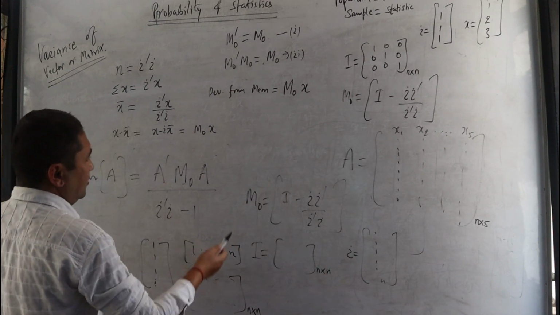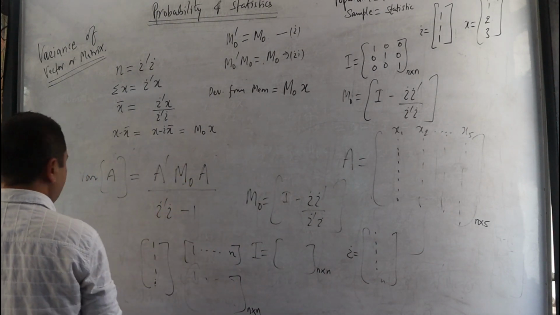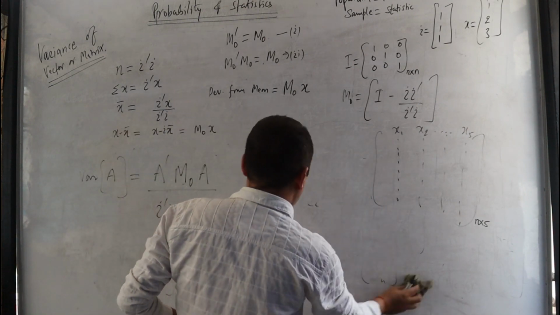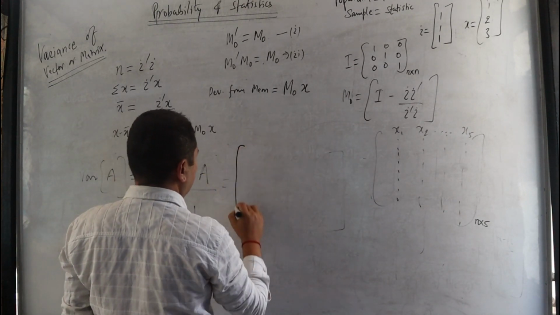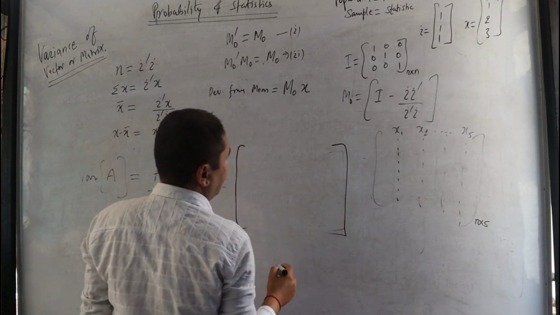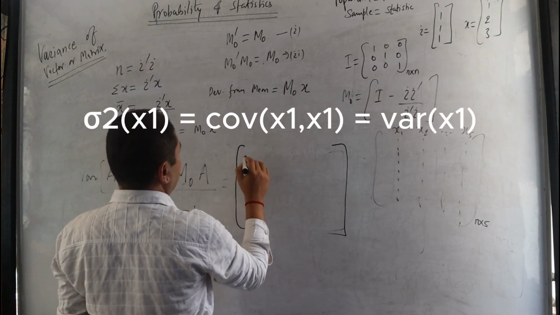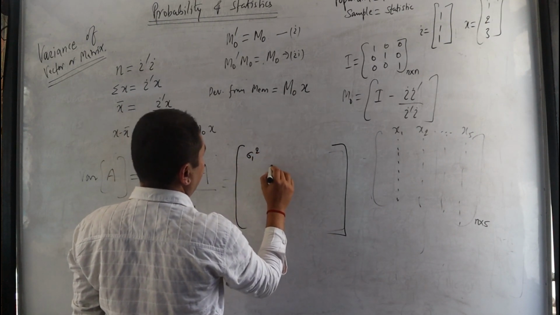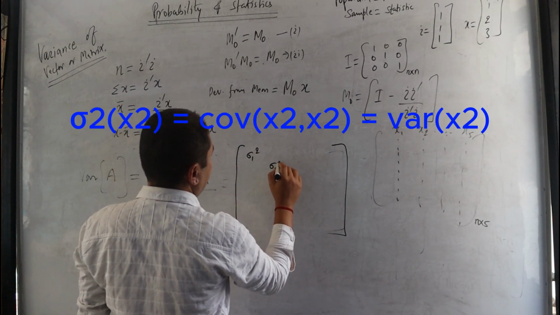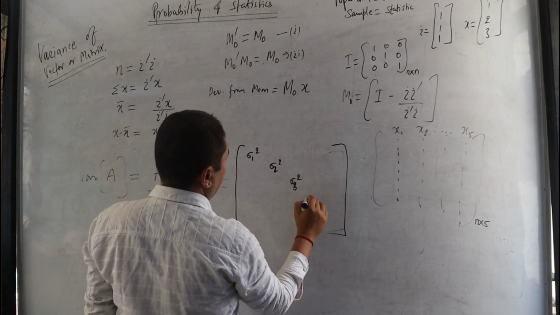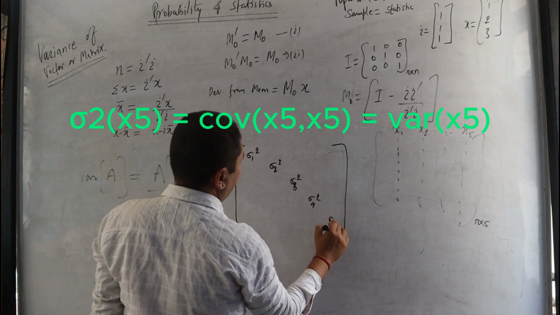So if we operate this formally, we are going to get a matrix, and in the main diagonal elements, let us confine ourselves to only 5 vectors. In that case, we are going to get the variance of first, second, third, fourth, and then fifth.